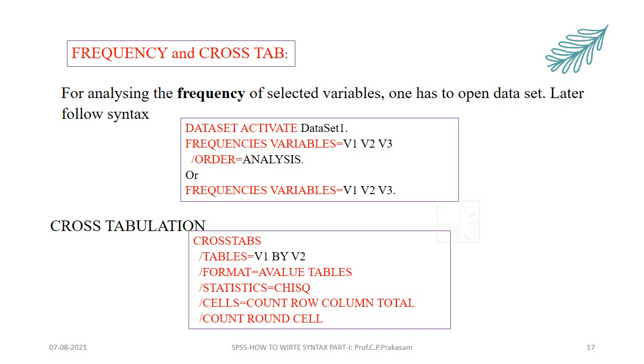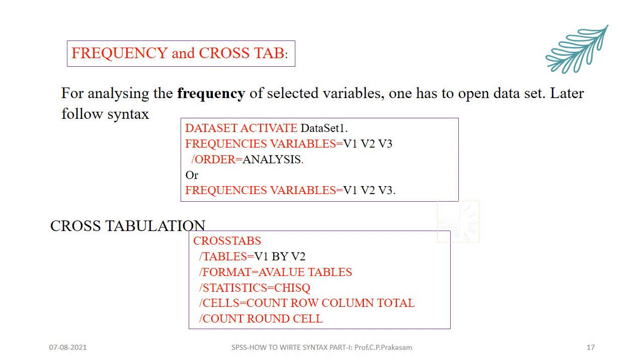Then FREQUENCIES VARIABLES, and you give the variables for which we require the frequency calculation, v1, v2, v3, and then /ORDER=ANALYSIS dot. Since we are analyzing in the module, we have to give it. Otherwise, in a short way, FREQUENCIES VARIABLES equals v1, v2, v3 dot.